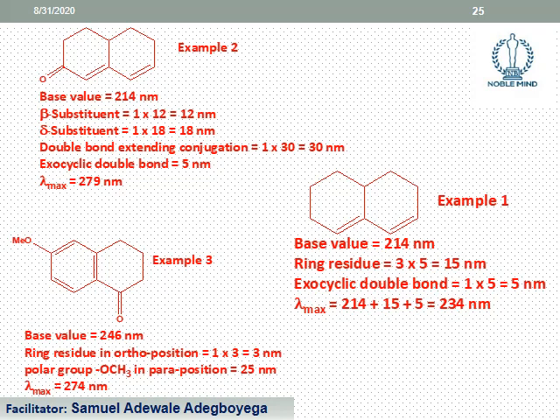By my right hand, you will see the base value is still heteroannular diene, 214. Ring residue, an alkyl substituent. In between the 2 rings, there is a bond where the 2 rings join.